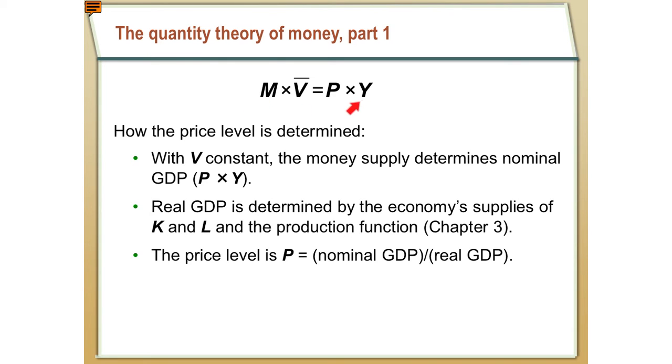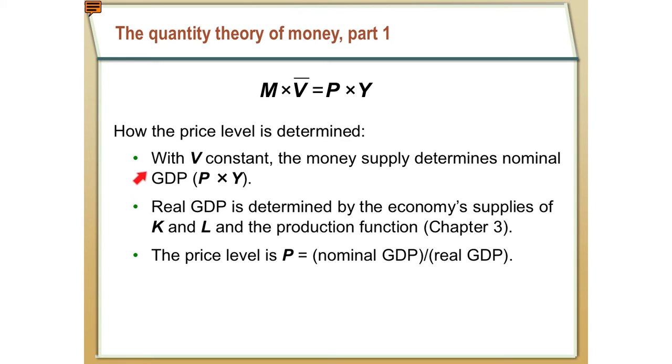So M does not determine real GDP. If Y is determined outside of the system and V is constant, there's only one other thing that can change if M changes, and that's the price level. If M goes up, we know that P is going to go up. If M goes down, then P is going to go down. So there's this link between the price level and the money supply.